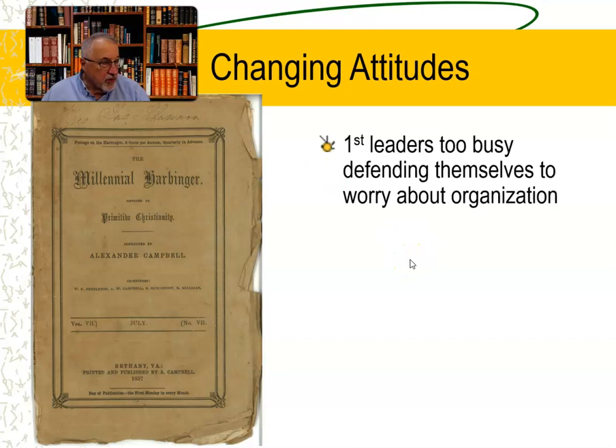So there will be a little change in attitude, I guess I would say, as they begin to get more and more congregations, and there are more and more questions about how they might best work together, how they might do things.